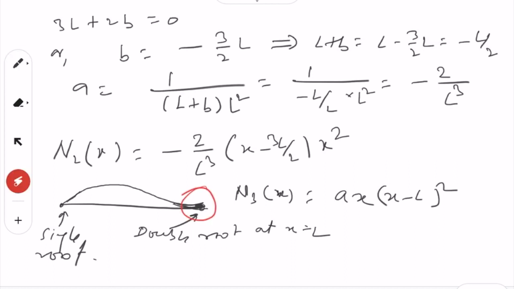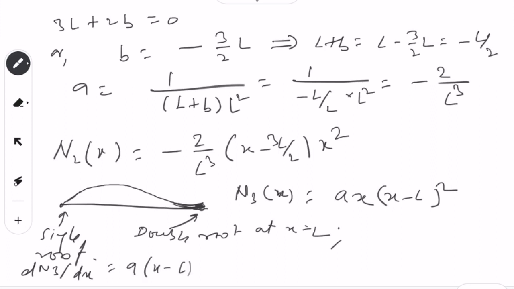Okay, so all these things will be automatically satisfied. Only thing is the value of slope is unity. So we can find dN3 over dx, which will be equal to a (x minus L) square plus a x multiplied by 2(x minus L).